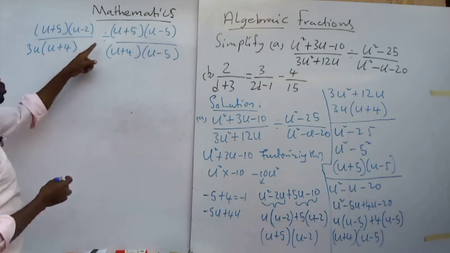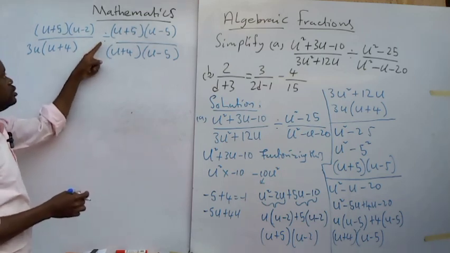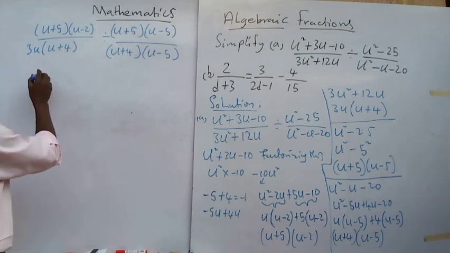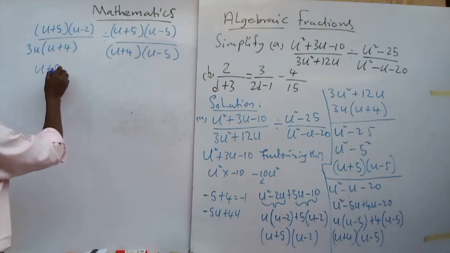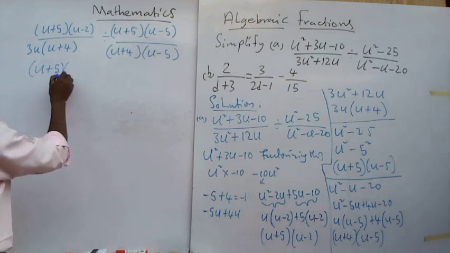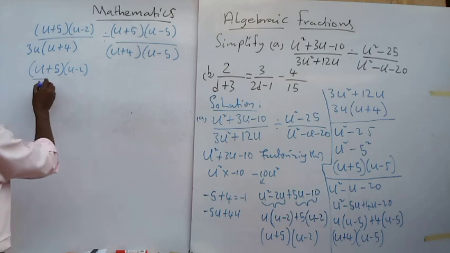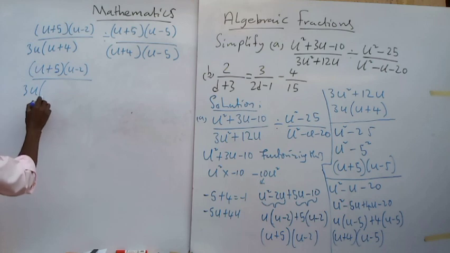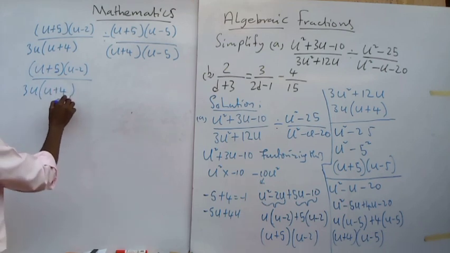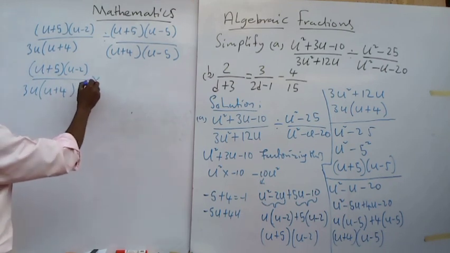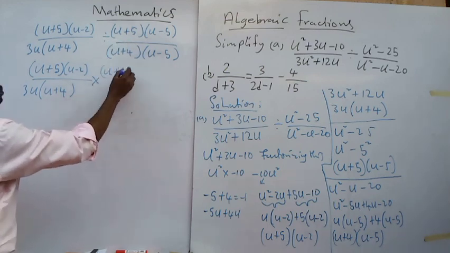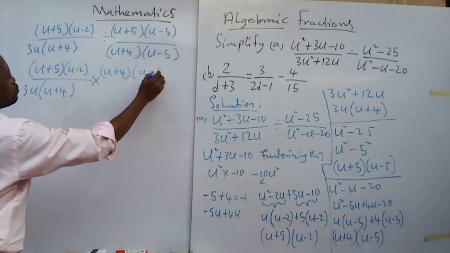Then the next is for me to simplify by handling this division here. So I will have (u plus 5)(u minus 2) all over 3u(u plus 4), times (u plus 4)(u minus 5) all over (u plus 5)(u minus 5).